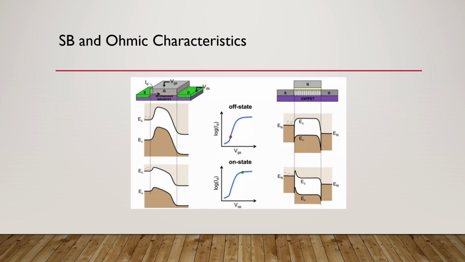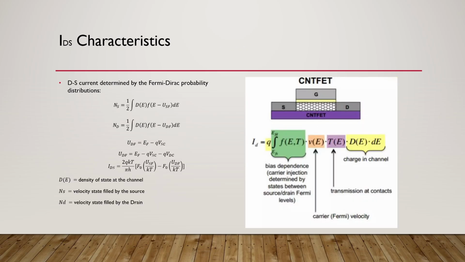Since the two have different properties, the off state and the on state for these two are different in the graph. For the IDS characteristic, the IDS current is determined by the Fermi-Dirac probability distribution, where D is the density of states at the channel, Ns is the velocity states filled by the source, and Nd is the velocity states filled by the drain.